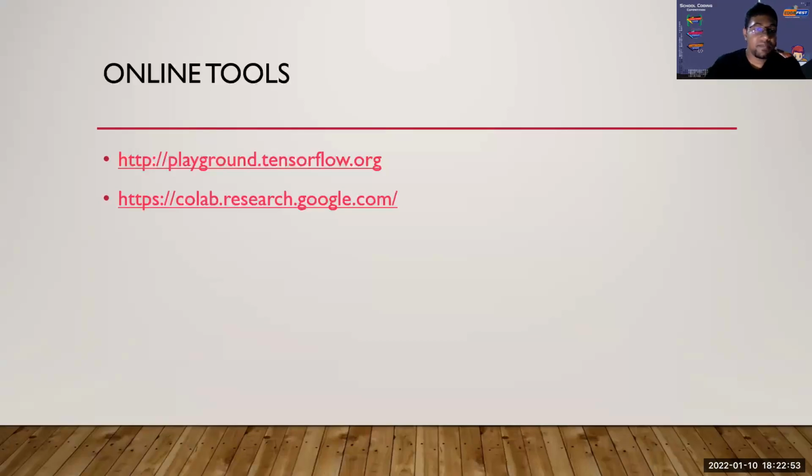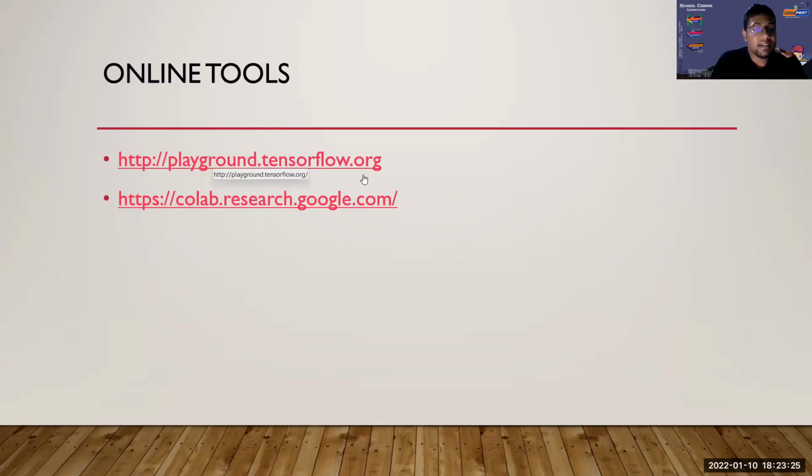So now I'll show you some of these online tools, and then we will look at how we can reuse existing models, how we can search these existing pre-trained models, and what sort of resources we have that we can use to learn these machine learning models.